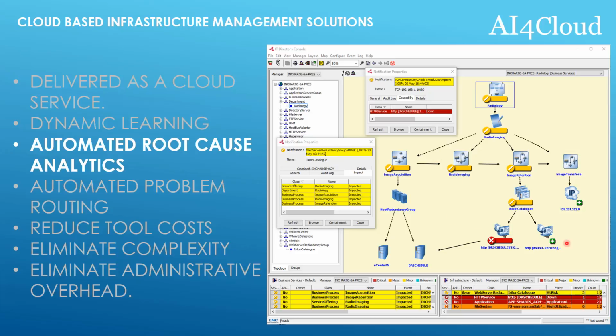In this case, the Web Server Redundancy Group being at risk by having only one remaining service left in the redundancy group has a potential impact on the service offering radio imaging and also the department radiology, but also the dependent business processes, in this case image acquisition, radio imaging, and image retention, all as a result of the Isilon catalog being at risk from reduced redundancy.